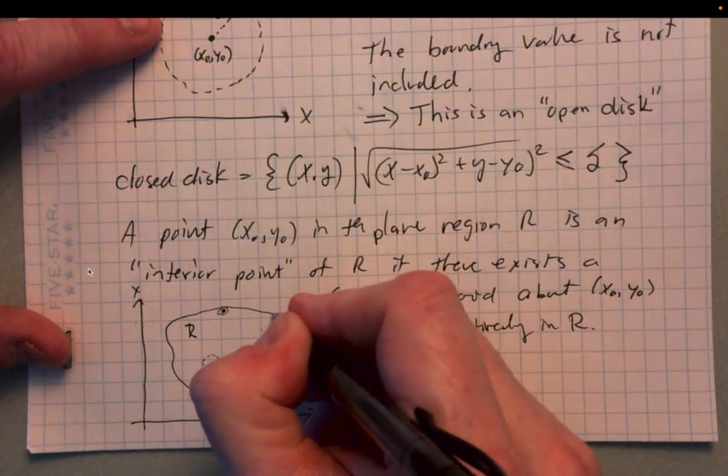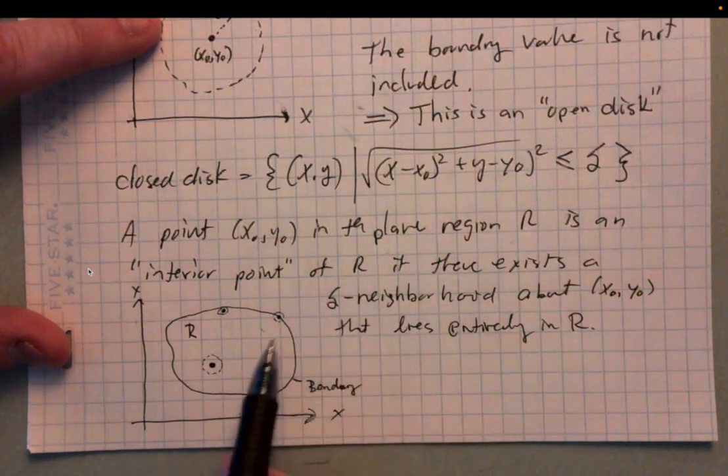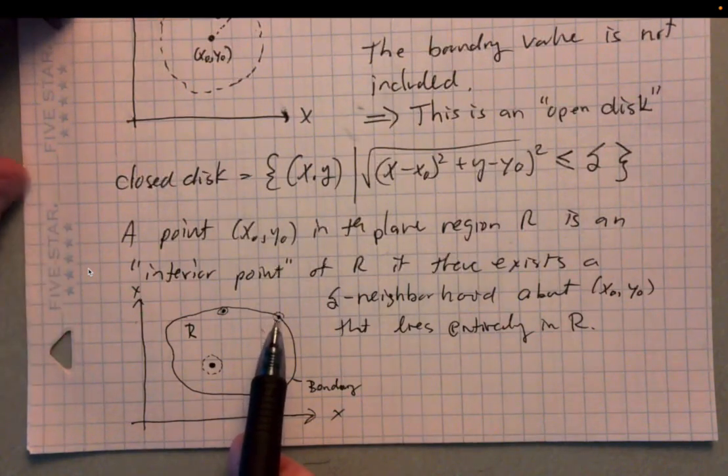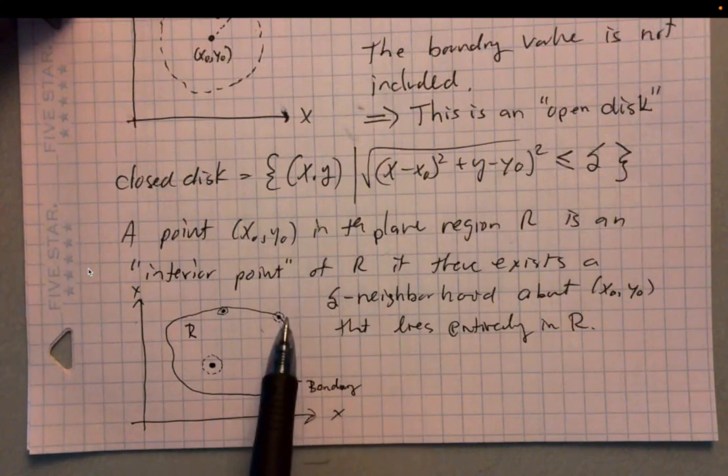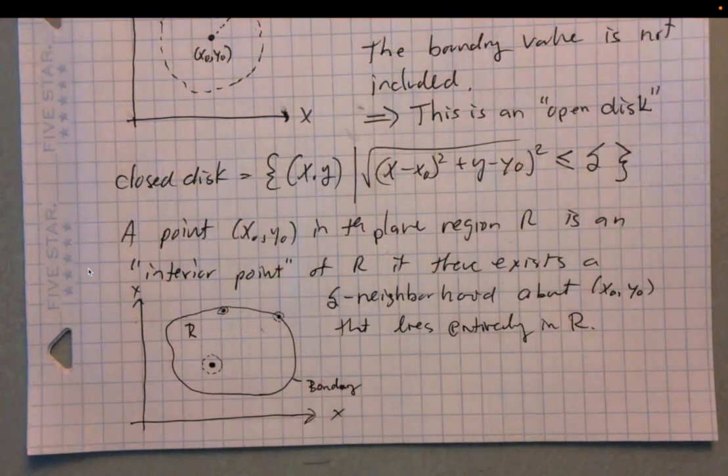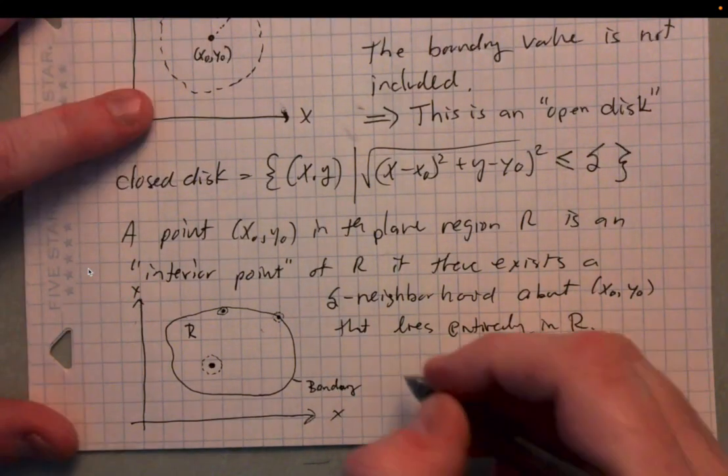No matter how small I make the delta neighborhood, because the point lies precisely on the boundary, there are going to be some points, namely you can see up here, that are going to fall outside of the region. Okay, so that's the idea with an interior point. Okay, and so if every point in R is an interior point, then we say R is an open region.